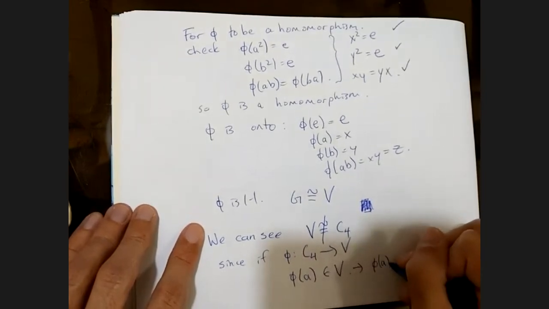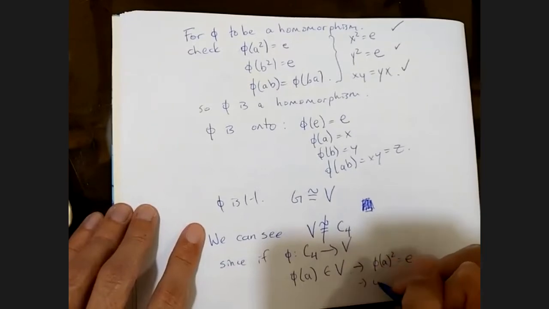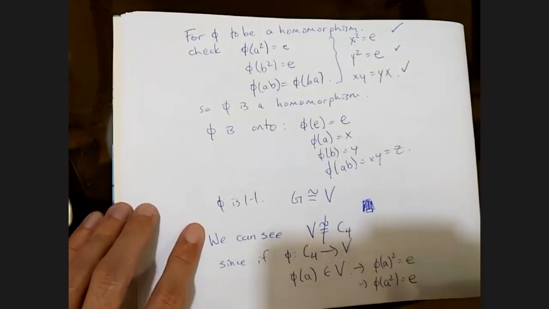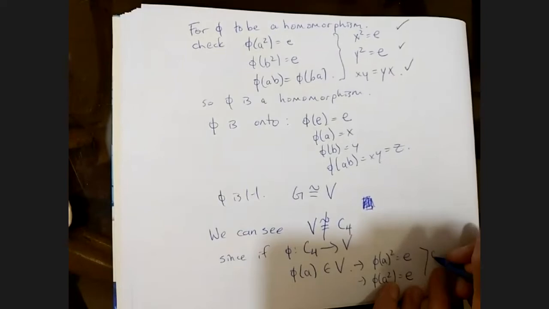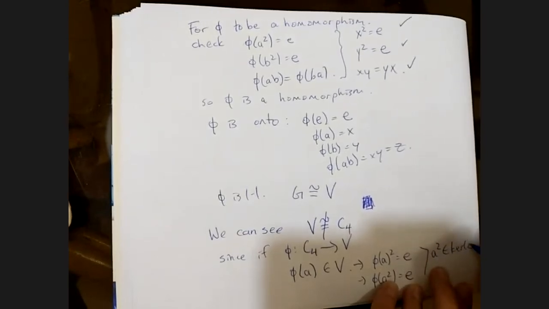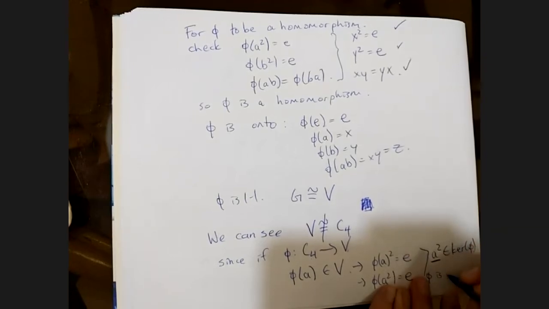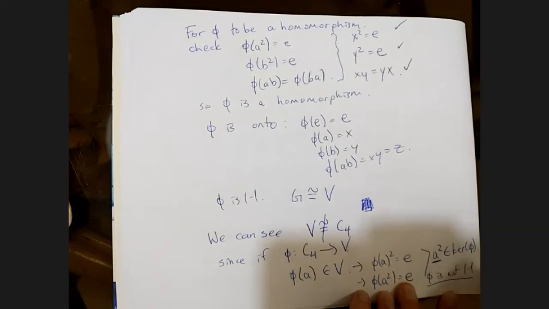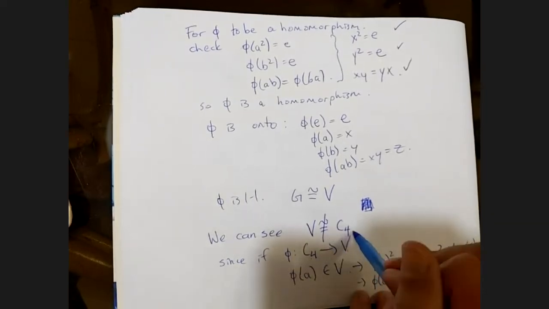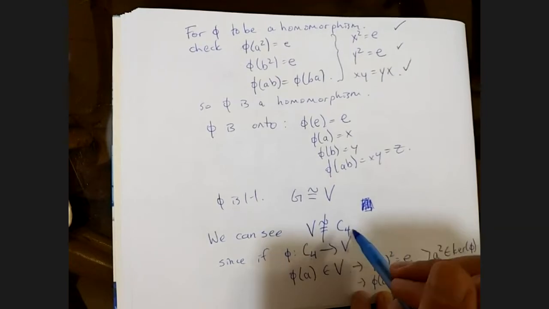So phi of A squared is the identity. That means A squared is in the kernel of phi. So whenever you have a homomorphism from the cyclic group with 4 elements to V, there's this element in the kernel at least. So phi can never be 1-to-1. So there is no isomorphism between the cyclic group of order 4 and V.